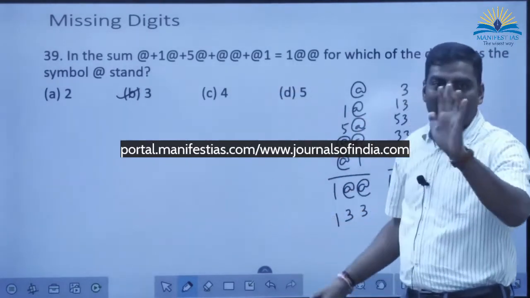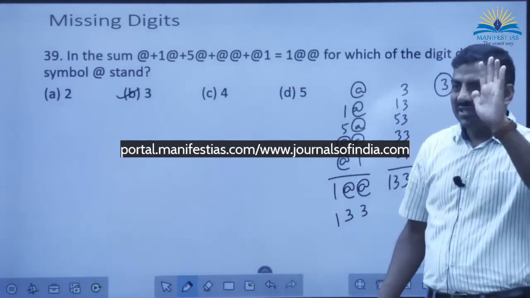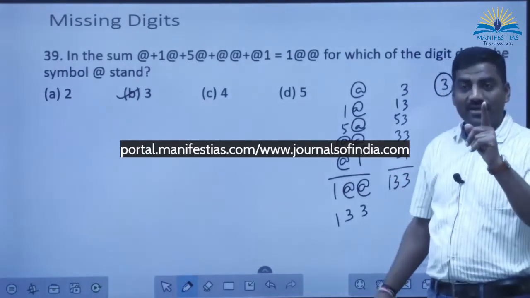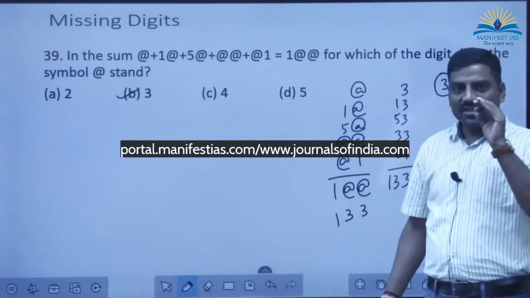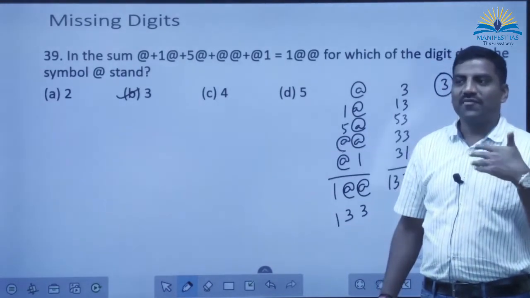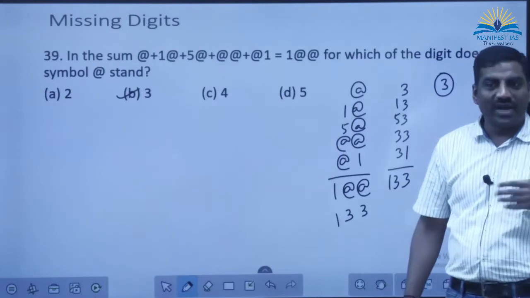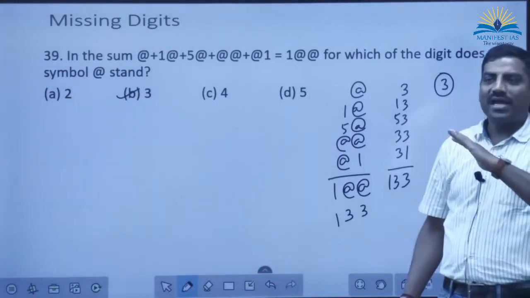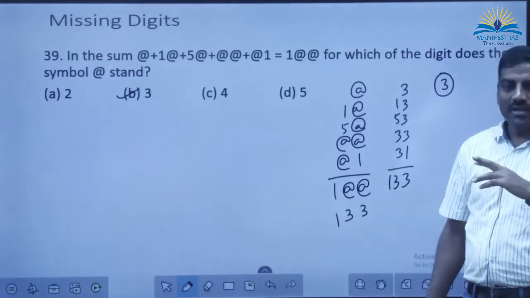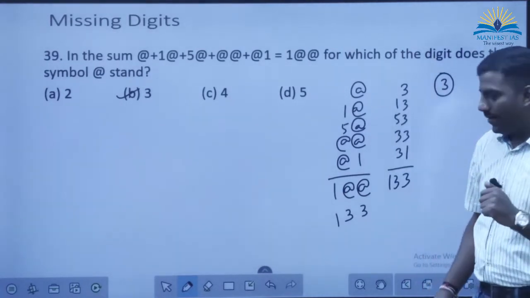Wherever you get, you don't just take 3. Think of 3 first. Because 3 and 9 are such beautiful numbers. Over the period of time, when you calculate and find the pattern, 3 and 9 have a lot of usage in the number system.